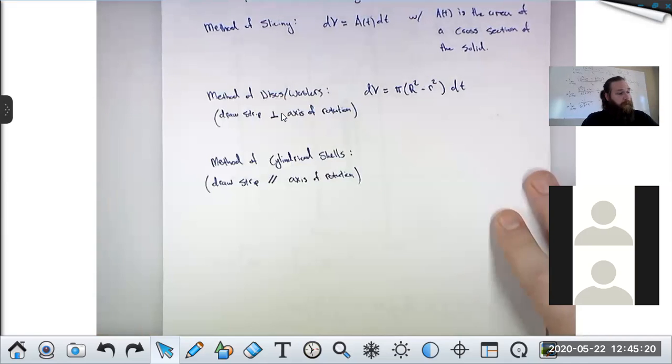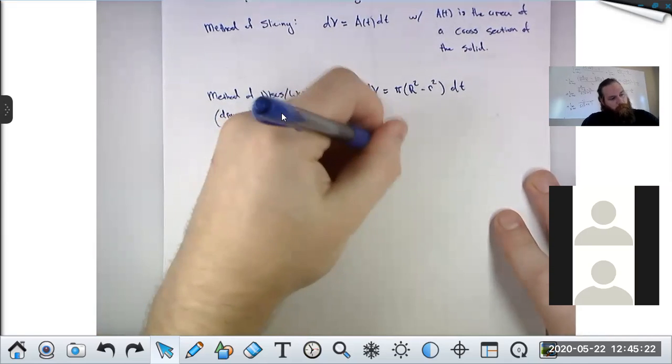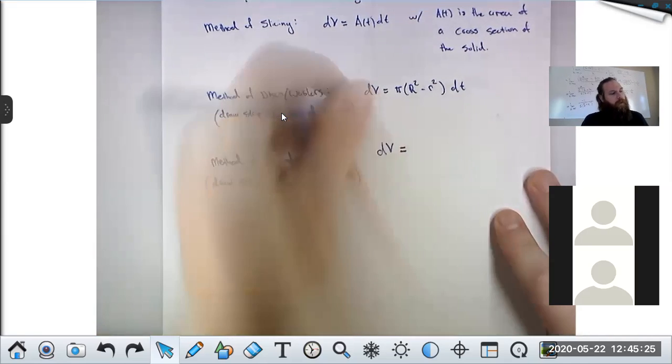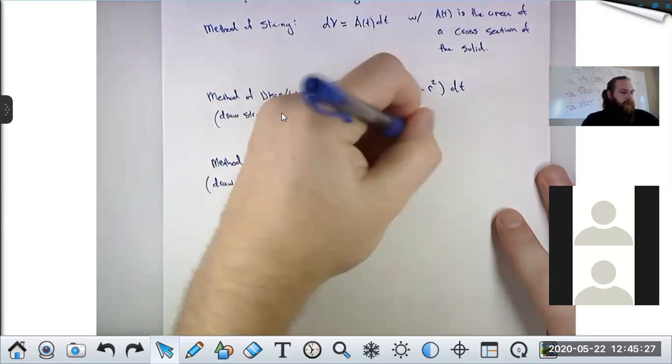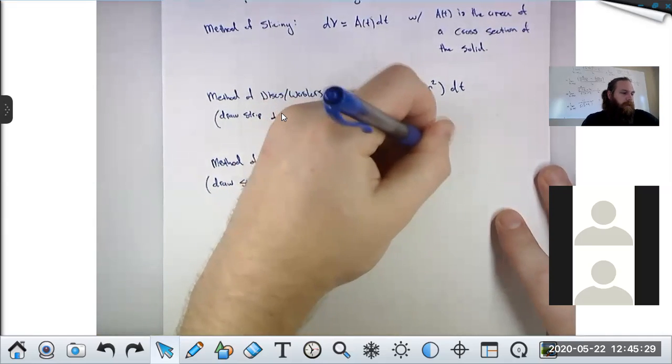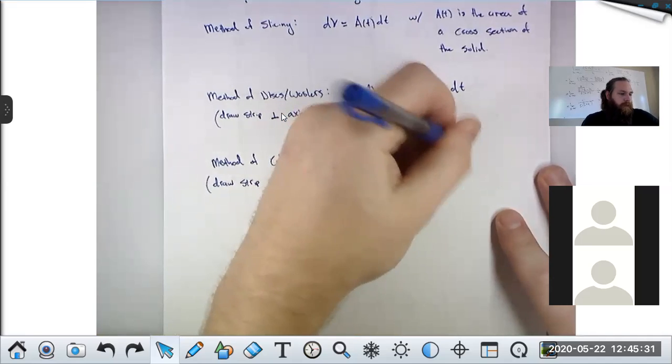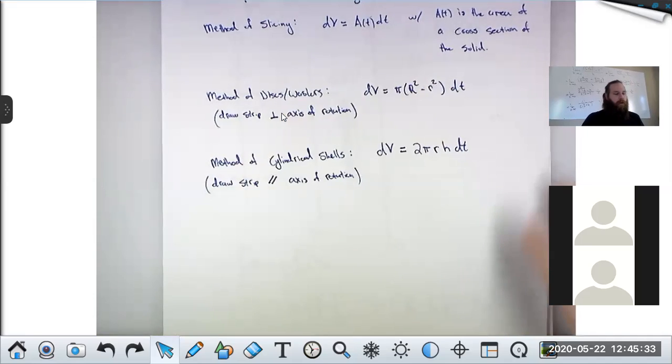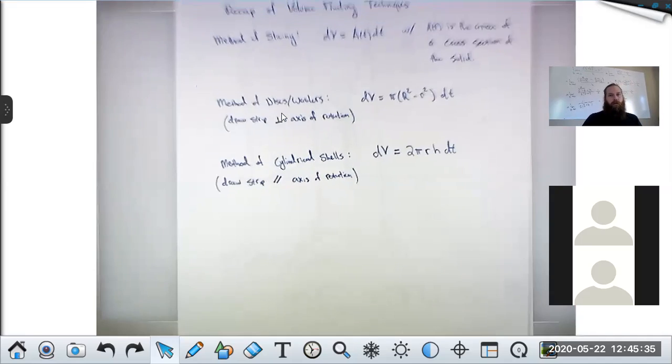And then the formula for the little volume, the differential volume dV that you get by rotating the strip parallel to the axis of rotation is 2 pi r h dt. And in all of these formulas, t and dt can be x or y depending on the orientation of the solid and how you choose to think of the region or how the problem is given to you. But these are your three formulas, each formula corresponding to a method.